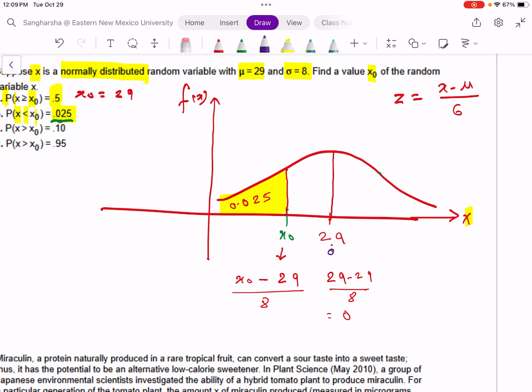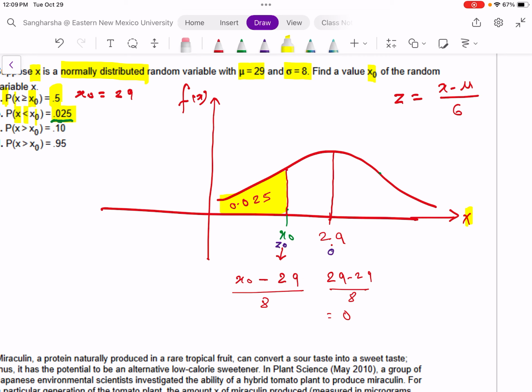So 0 is the z value for 29. Now let's call the corresponding z value for x naught z naught, which is this expression in terms of x.